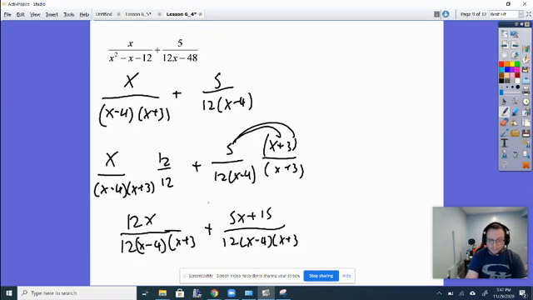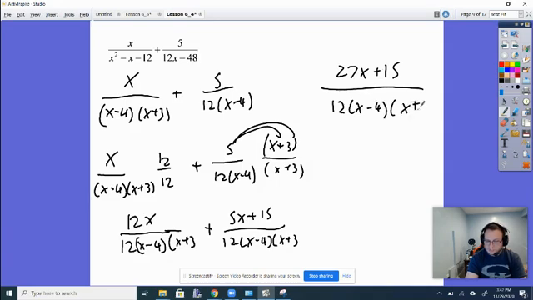Okay, combine my numerators here. So I'm going to have 27x plus 15 over 12, x minus 4, x plus 3. Okay, I can take a 3 out of this numerator here, so let's do that.